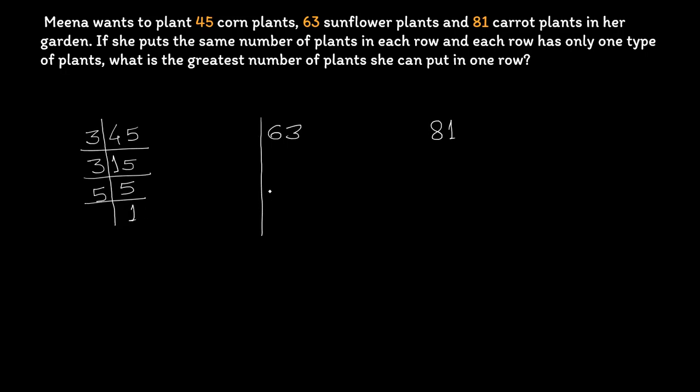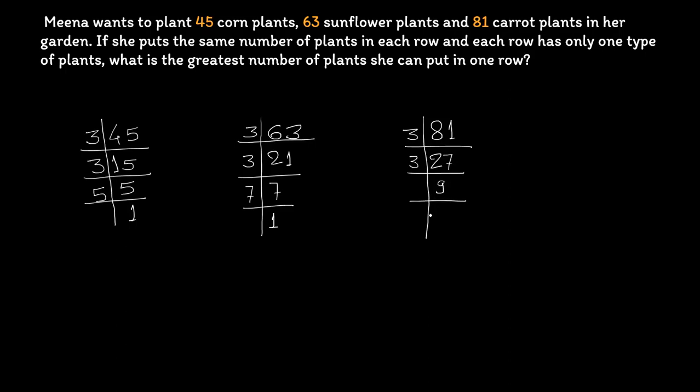Factors of 63: 3 2s are 6, 3 1s are 3, 3 7s are 21, and 7 1s are 7. Now factors of 81: 3 2s are 6, 3 7s are 21, 3 9s are 27, 3 3s are 9, and 3 1s are 3.